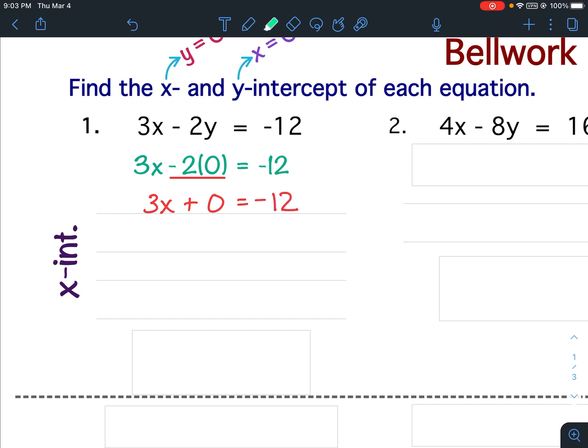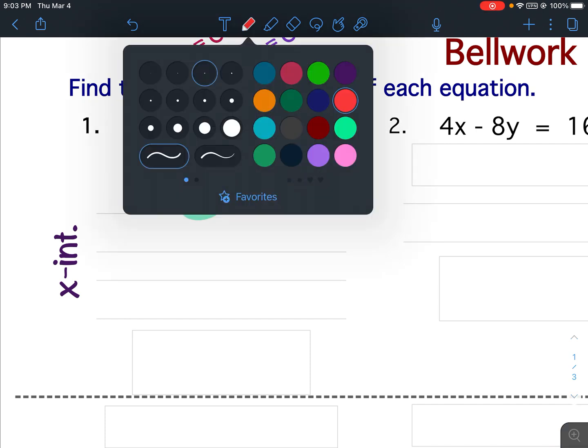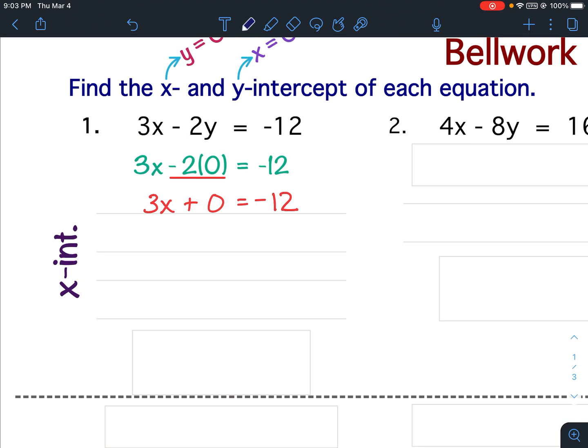Well, do I need the plus 0 here? No. In other words, when you get 0, I can get rid of that and just call this 3x equals -12. This term goes away. So I have 3x equals -12.